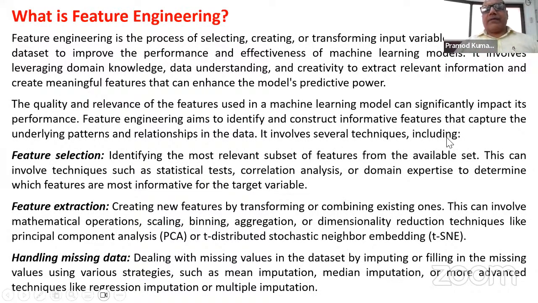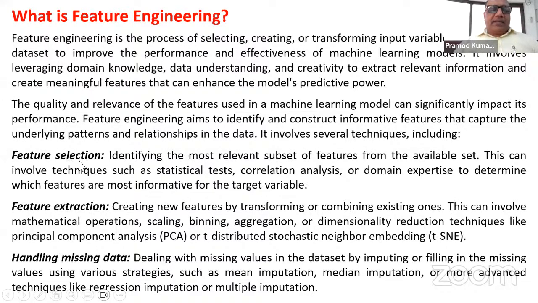It involves several techniques, including, for example, feature selection: identifying the most relevant subset of features from the available set. This can involve techniques such as statistical tests, correlation analysis, or domain expertise to determine which features are most informative for the target variable.